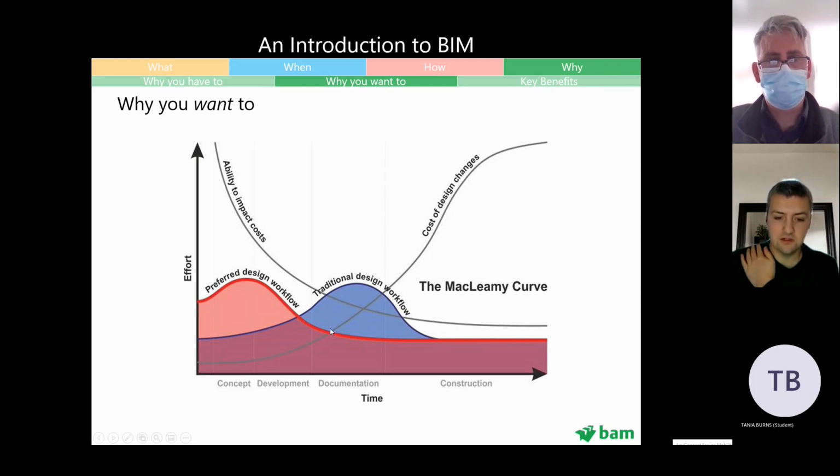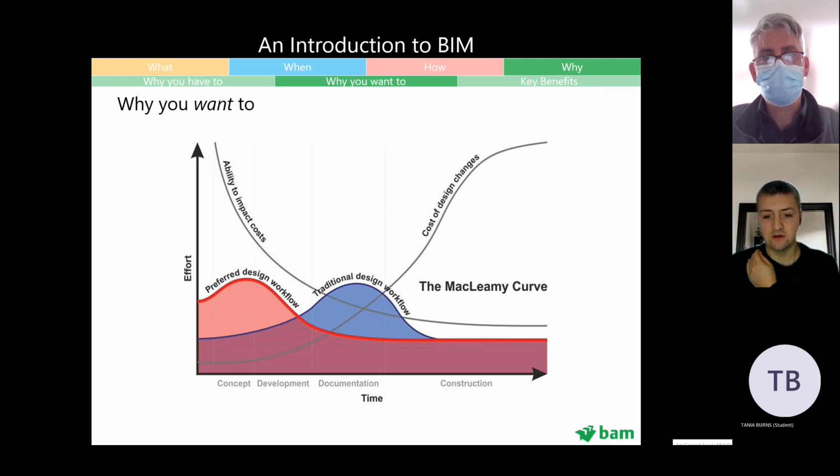So at this stage, you've got design work going on, so the costs involved are really having to pay an architect to redo that plan and redo your model here and there. But as you get to construction, the cost of design changes is huge because you're actually knocking things down.